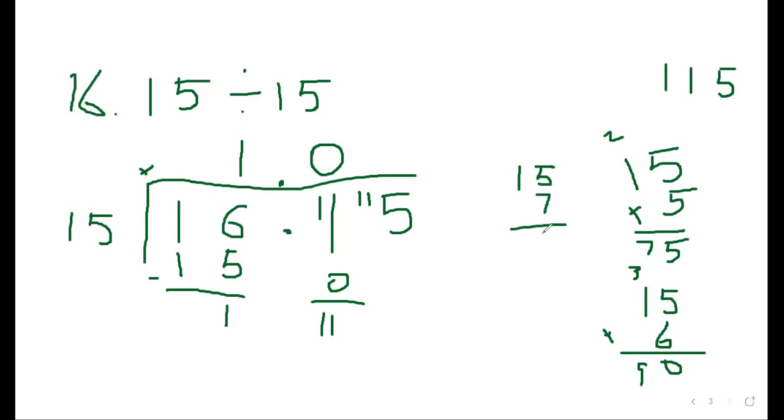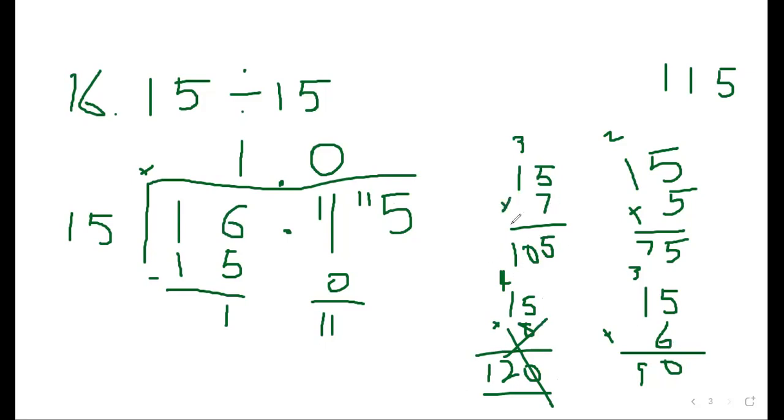That is 35. Carry 3. That is 10, so 105. Now you can try 8 to multiply. Times 8 will be 40. Carry 4. 12. So we have here 120. It's more than 115, so cross this out. 6 gives 90, it's not enough. So 7 is the closest. So we are going to take this.